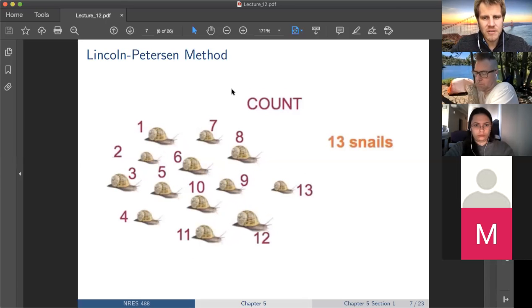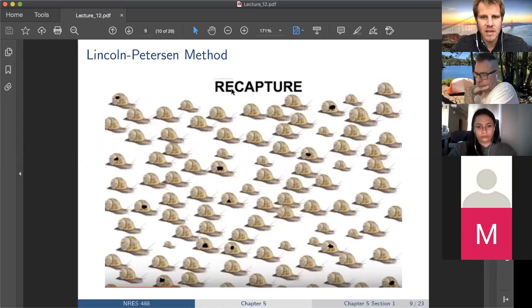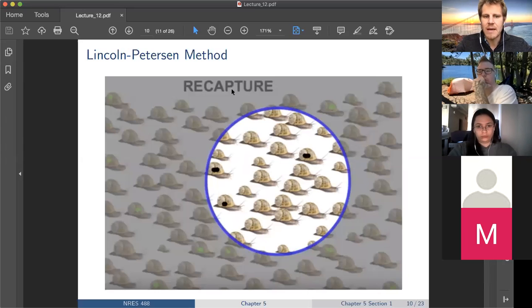All right, so in our first count, we have 13 snails. That's how many we captured. This is going to be Y, our data Y_t. Now we release these individuals back into the population. We let them redistribute, give them time to rearrange themselves, and then we recapture a segment of the population. Suppose we recaptured this segment.